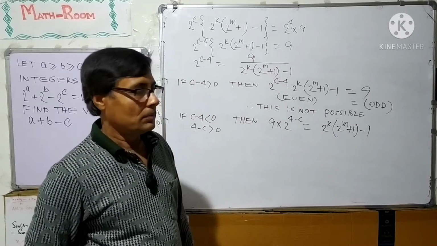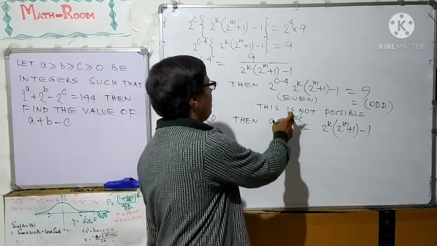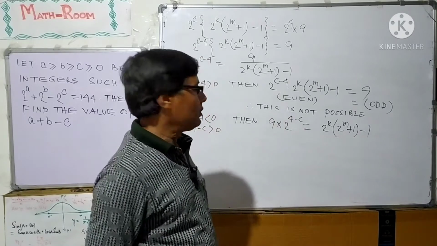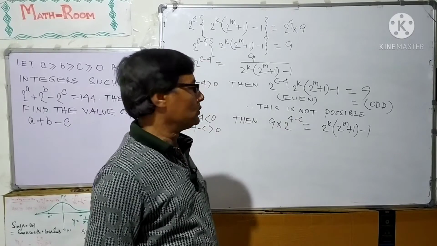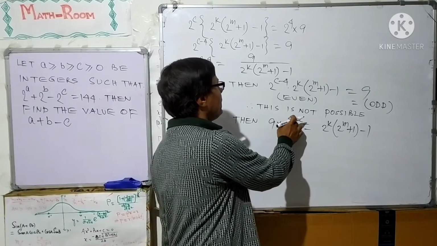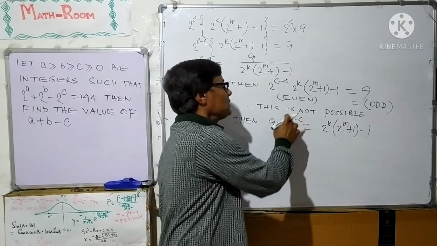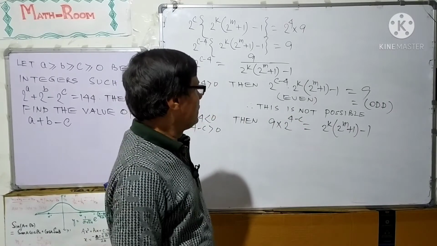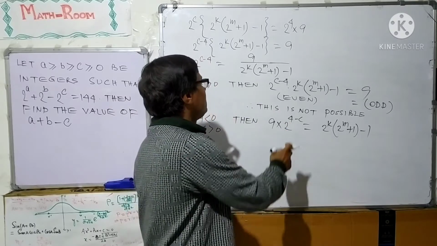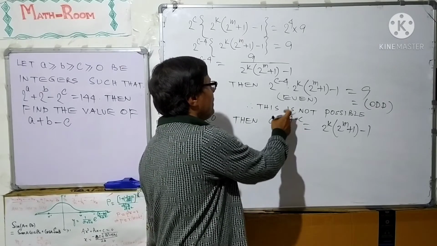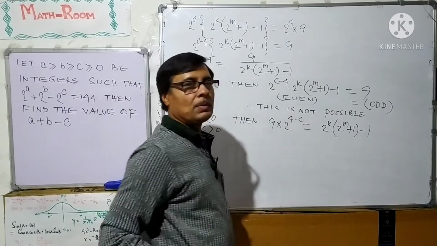Here, on the left hand side, the number is an even number, because it has a minimum factor 2, because 2 to the power 4 minus c is positive. So, 2 to the power 4 minus c has values 2, 4, 8, 16, 64, etc. It has minimum value 2.